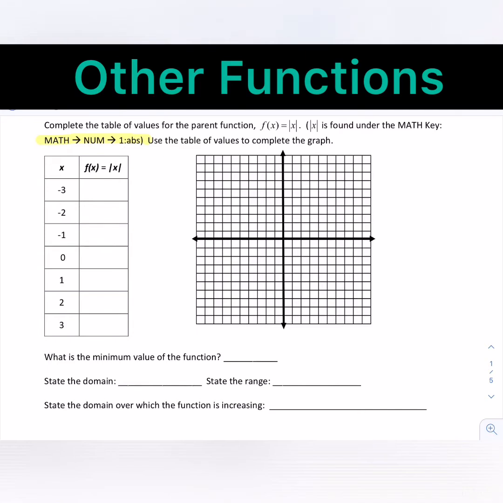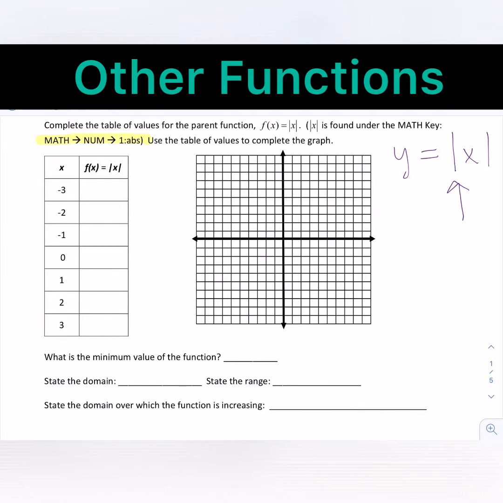So again, I'll do that one more time. Go to your y equals, and to get the absolute value symbol, you do math, go to number, and do number 1 abs. That's going to open up a nice set of absolute value symbols for you, and then you can put in the x that we use for every single function.